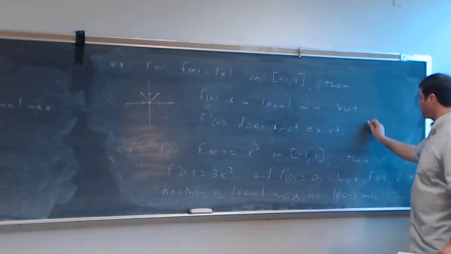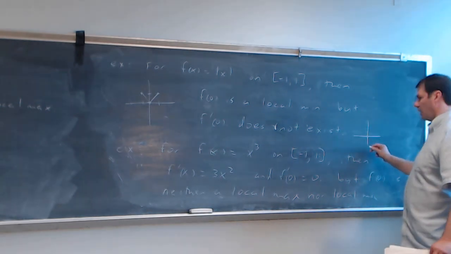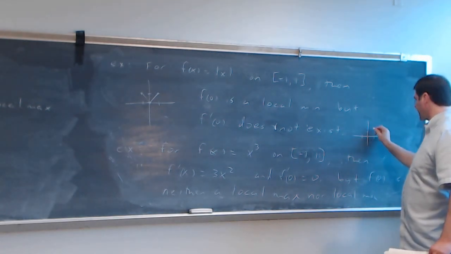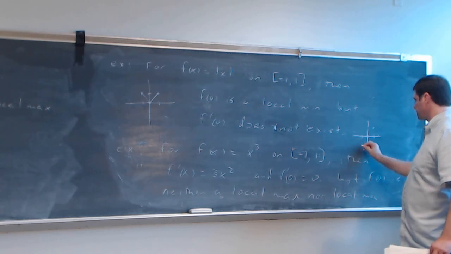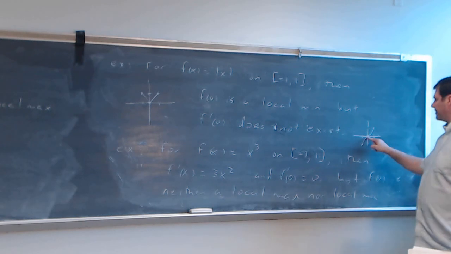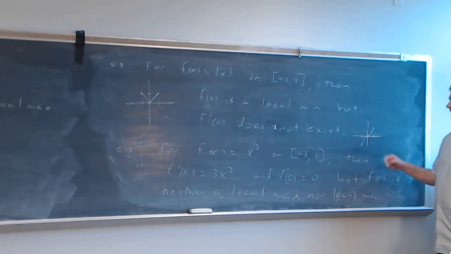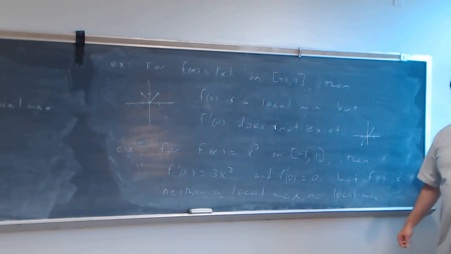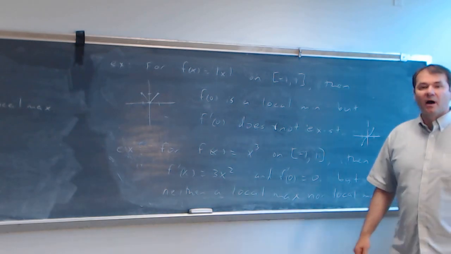This can be seen graphically. I'll do it here. The x cubed function looks like this over this spot. And even though the derivative is 0 at 0, we don't have a local max or local min. So just because the derivative is 0 doesn't mean we got a local max or local min.